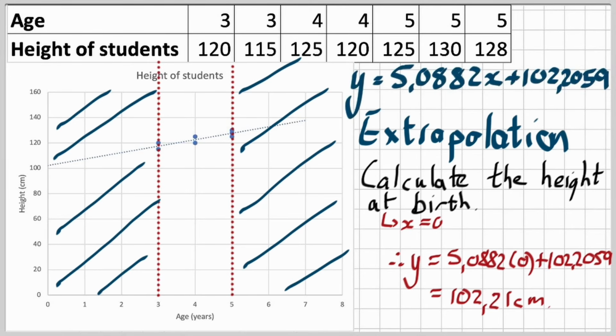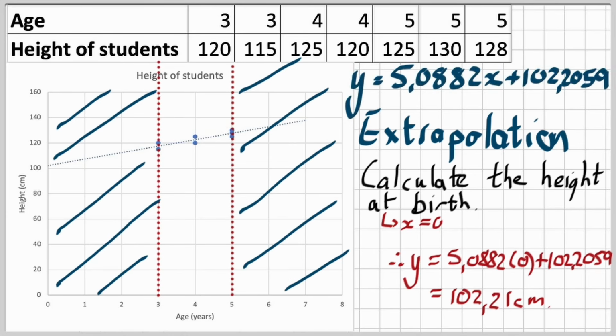Don't just write down values, but really think about it. Can a kid be 102 centimeters, over 1 meter tall at birth? I hope not. The poor mom! A big, healthy baby is like half a meter, and that is even pushing it big time. So 1 meter is not possible. It's extrapolation. Do not do it.